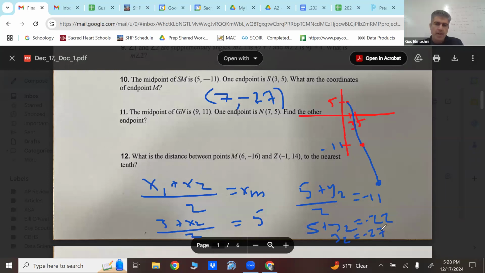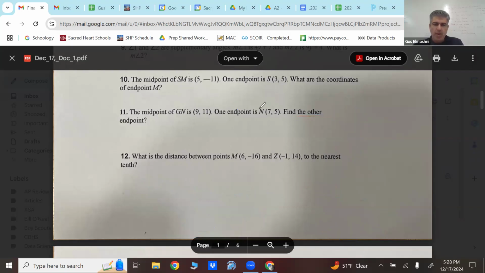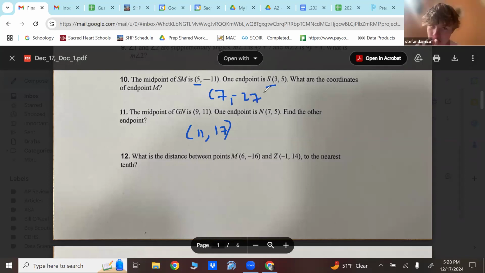Same thing here. You're going 2 to get there, so the other direction would be 11. You're going 6 to get down to 5, so you go the other direction 17. So you look at the midpoint, you just want to go in the opposite direction, but equal distance. Like here, I went 2 away, so 2 away in the other direction. Here I went 16 down, 16 up from the 11 to 5, so I go 16 down. You can look at it like that.